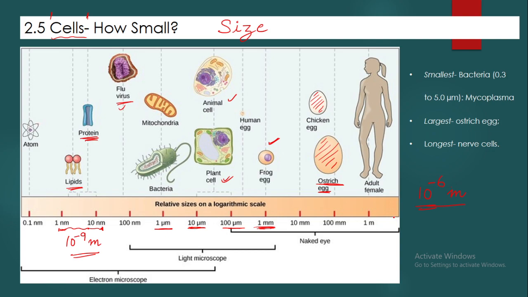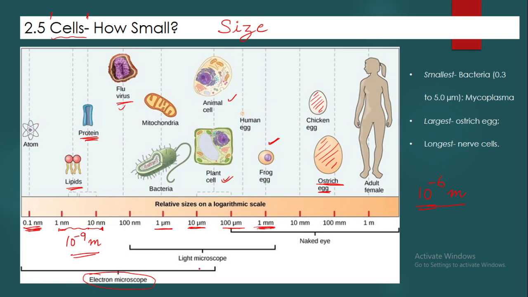Atoms are so small, 0.1 nanometers. Very small. Using the electron microscope we are able to see large atoms up to, say, 100 microns: bacteria, plants.